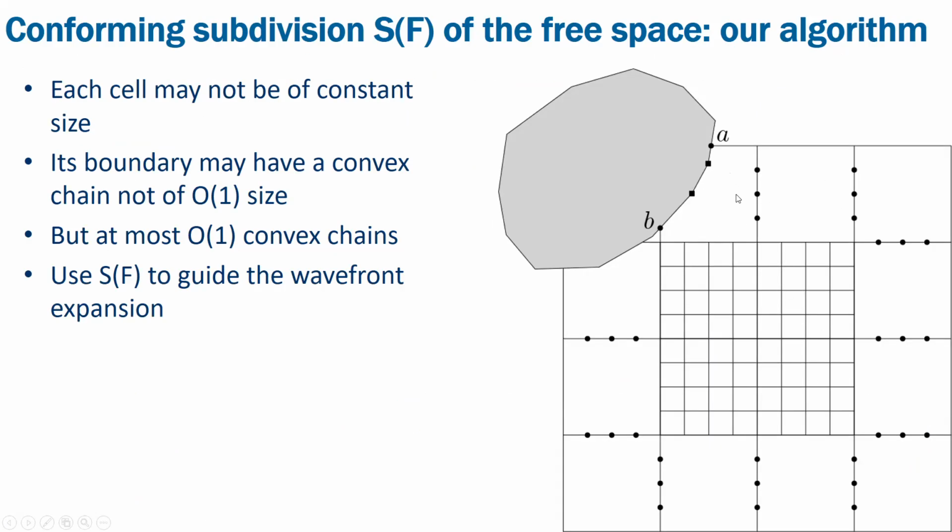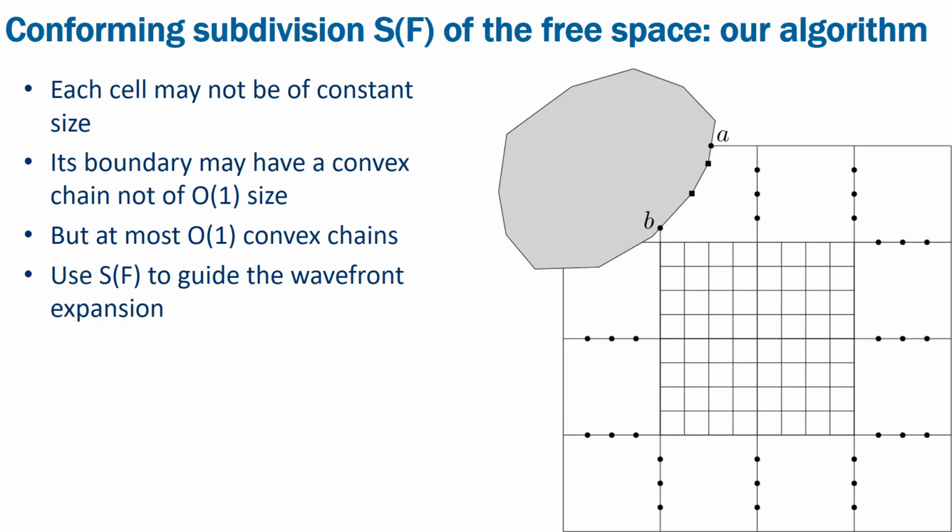Each cell may not be of constant size, because this part of the boundary is from an obstacle and may contain many vertices. But the boundary of a cell has at most order 1 convex chains, which means it has a constant number of units.